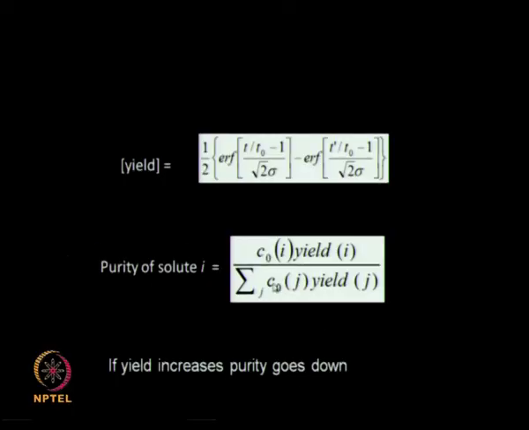Okay. So once I know the yield of the protein and the yield of the impurity, I can use this particular equation and then calculate the purity of the protein in the sample I have collected, and the purity of the impurity present in the sample. So it is a very interesting problem.